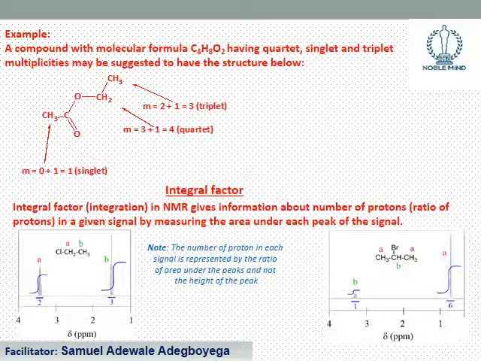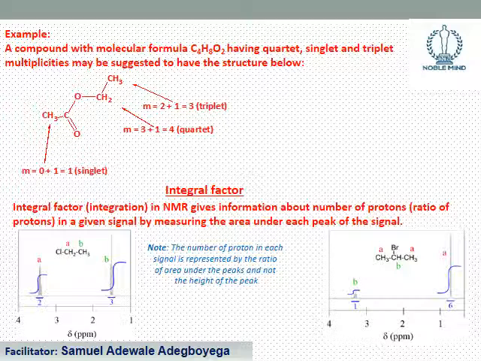Look at environment A, which gives us signal A. How many protons do you have? You have 6 protons. But how many peaks do you have? Just 2 peaks. That means the neighboring protons to environment A carry just 1 proton, and 1 proton plus 1, that is the multiplicity, gives you 2, a doublet. That's the reason why you are having 2 peaks.